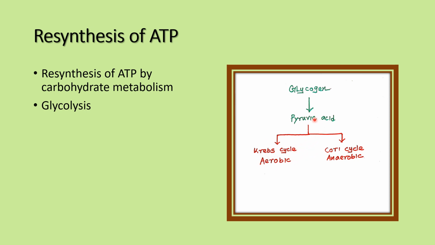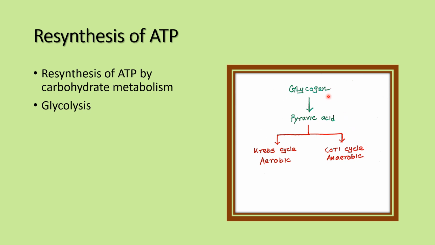In anaerobic glycolysis, pyruvic acid is converted to lactic acid. The lactic acid is stored in the liver as glycogen. When glucose is needed, the liver glycogen is converted and enters the blood. It provides glucose, which is also used for energy.